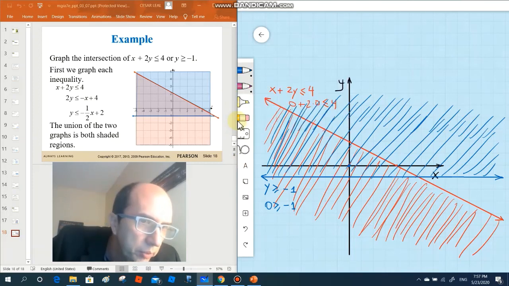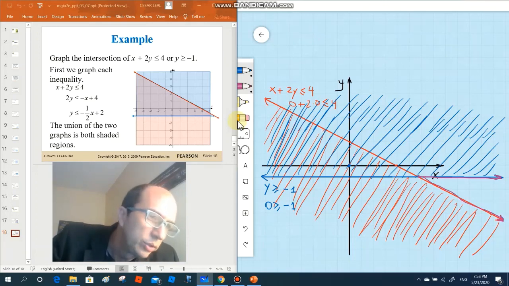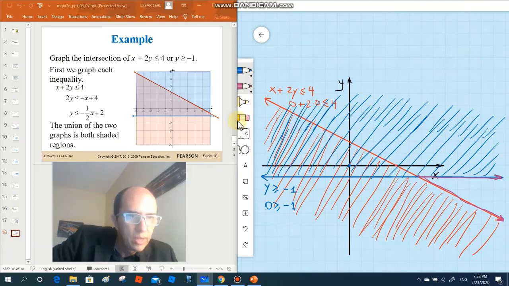Let's make this purple. This area here is white, and this goes all the way to infinity. So this is the only area that doesn't have any kind of color. It is not included in the union. Okay.